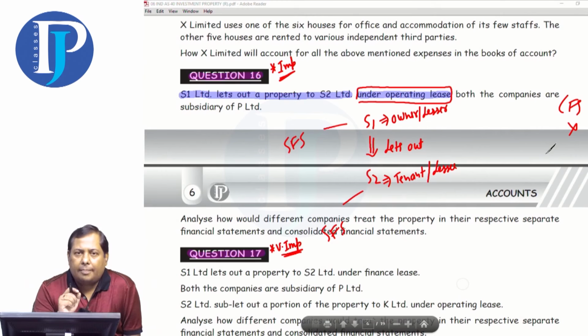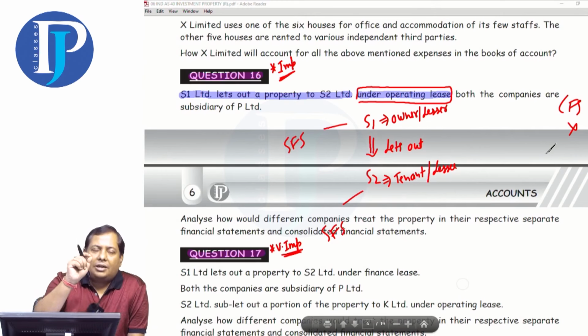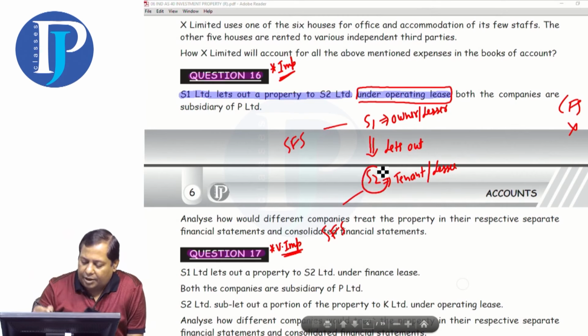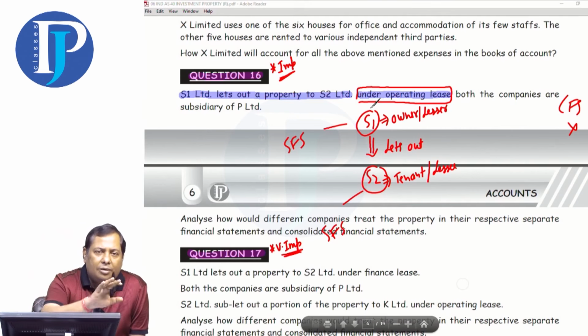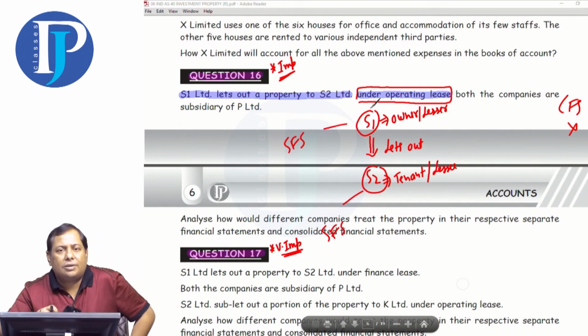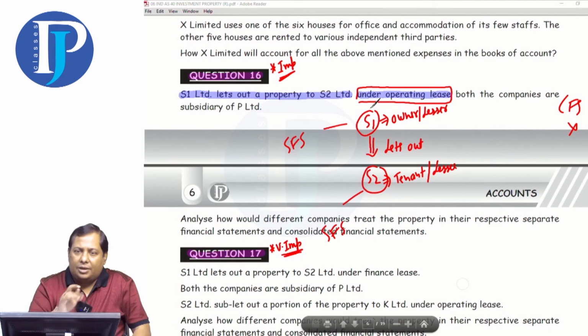What will I do? First thing is, Ind AS 116 will handle the rentals accounting. This S2 will pay rent to S1. Rent paid will be listed in expense while rent received will be listed in income. This will be taken care of by 116. I don't have to do the rental accounting.